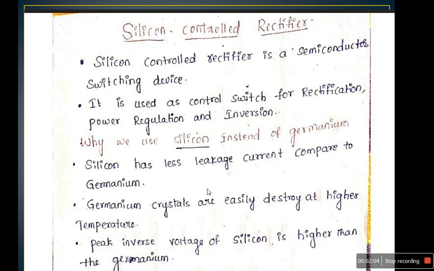Silicon also has a higher peak inverse voltage when compared to germanium. Because of these advantageous features, silicon material is used to construct the silicon control rectifier instead of germanium.